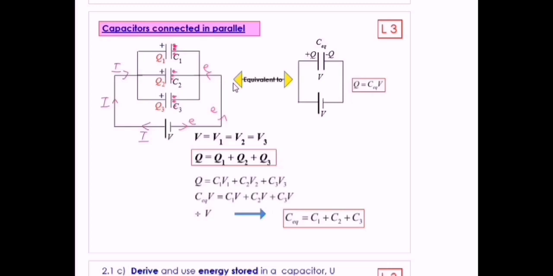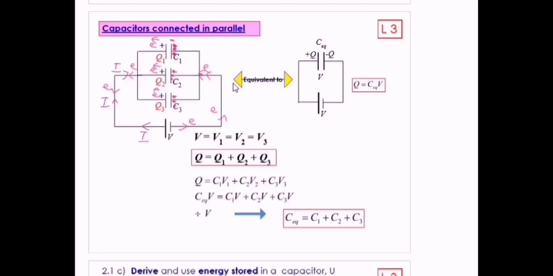It would cause this plate to be negatively charged. So when this plate is negatively charged, it will repel electrons on the opposite plate. When it repels electrons, the electrons will flow out in the opposite direction of the current and back into here. So that's how it flows.